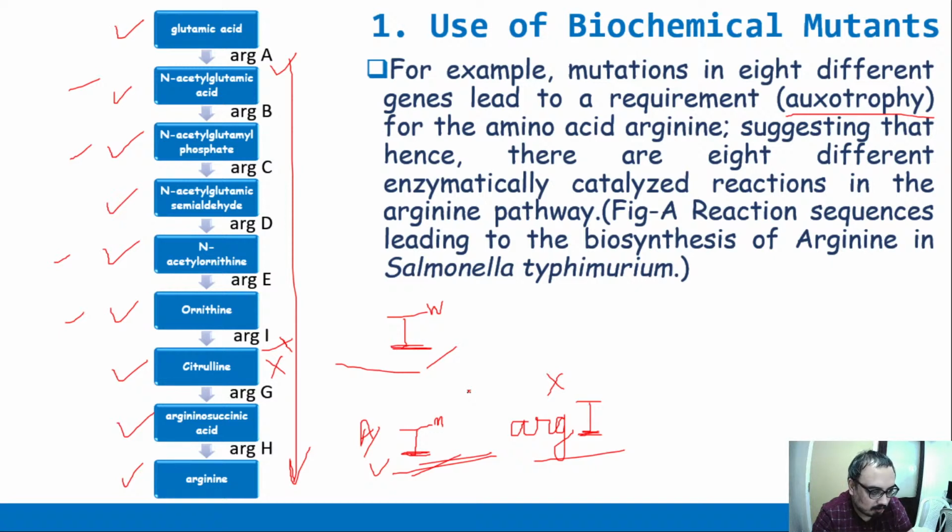Now again there will be a change in the new medium. In the new medium, we will add citrulline. We are bypassing the step done by the arginine I gene. Using the medium which contains citrulline, we found that arginine was formed.